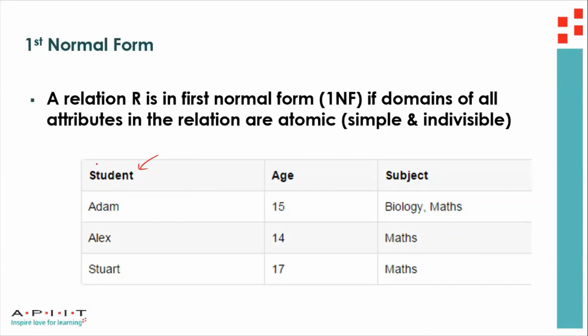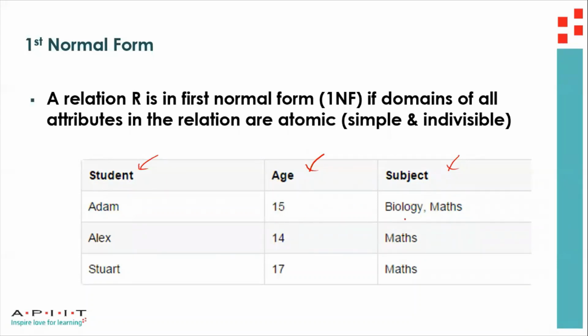In the student details relation, student is an attribute, age is an attribute, subject is an attribute. And the domains of all attributes: in student we have names, Adam is the domain; age 15 is the domain; subject biology, maths is a domain. These domains should be atomic domains.